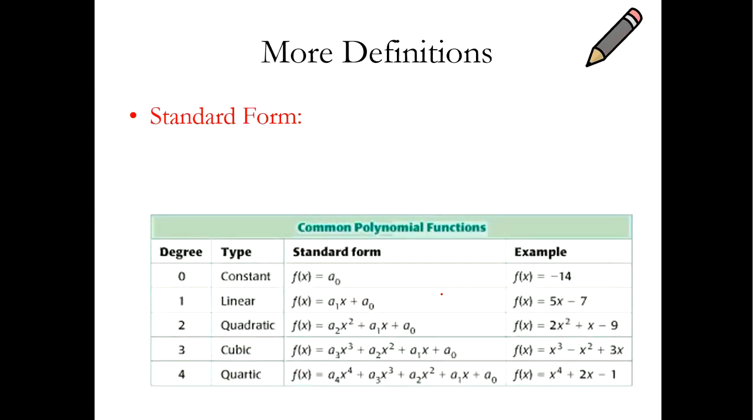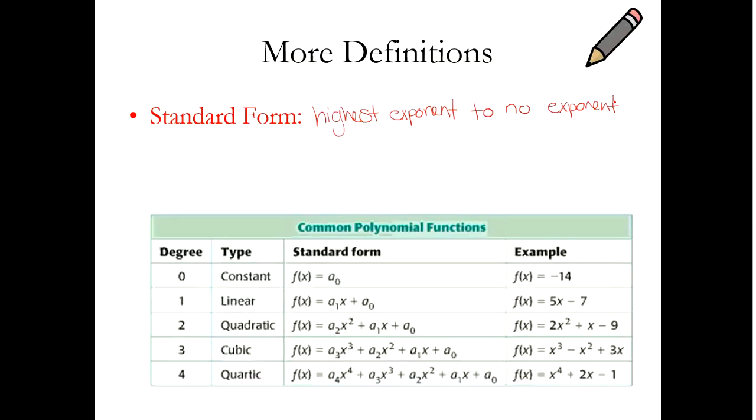What does it mean to be in standard form? You'll hear me say, let's put it in standard form. Well, that means you're going to take it and rewrite it so you go from the highest exponent to no exponent. Okay? So basically we're going to start with the squared, go to just x, and then to the no x people.